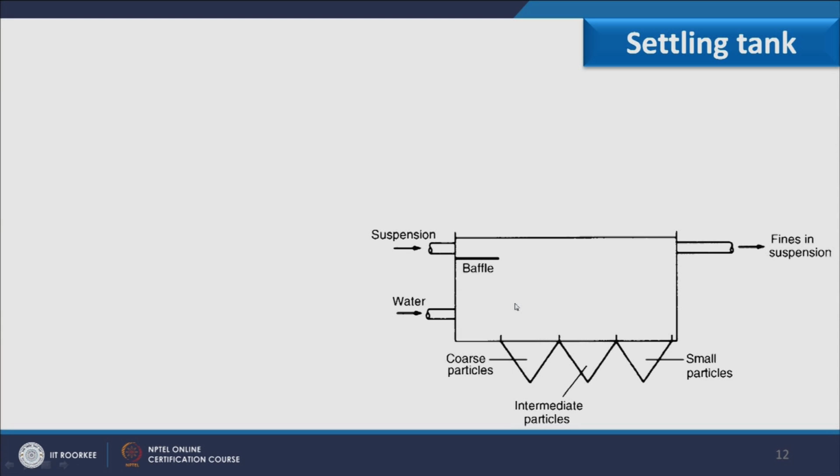So, when the suspension enters, it comes across a larger cross sectional area, and the velocity with which the suspension is entering the tank is retarded very fast. When the velocity decreases, the particles available in the suspension start settling in the tank. So, that is the basic concept.